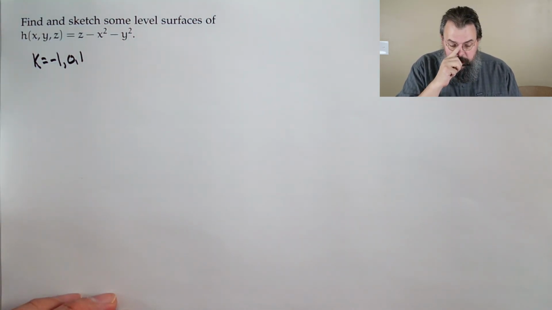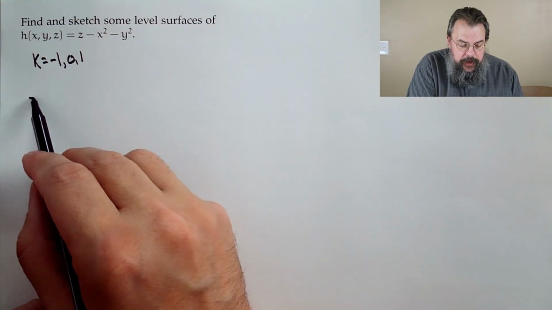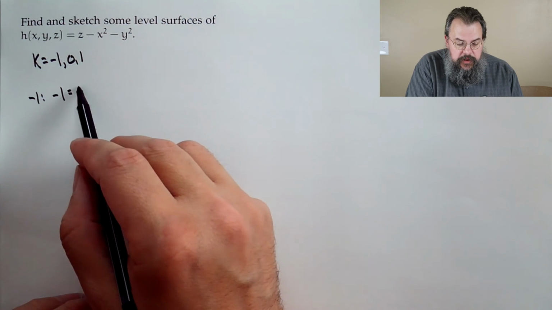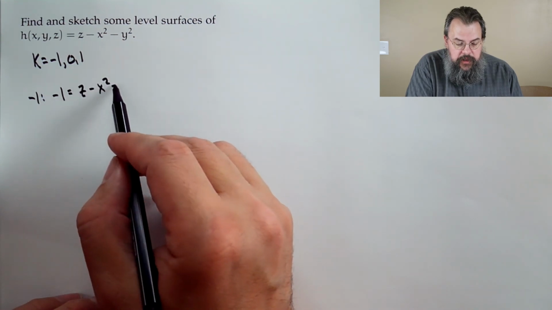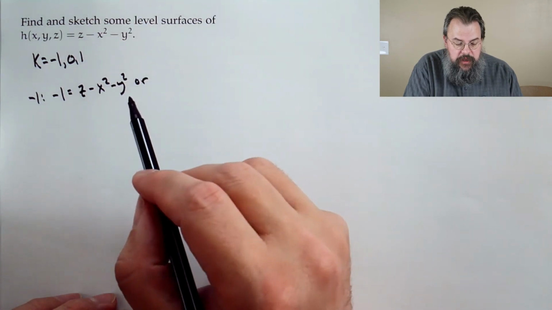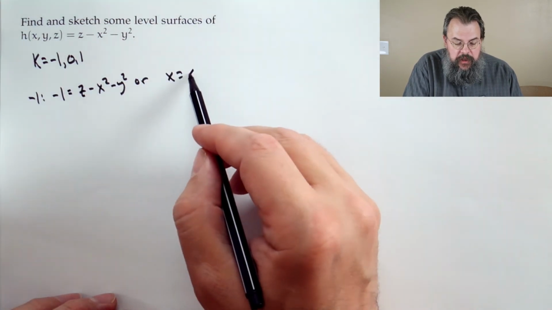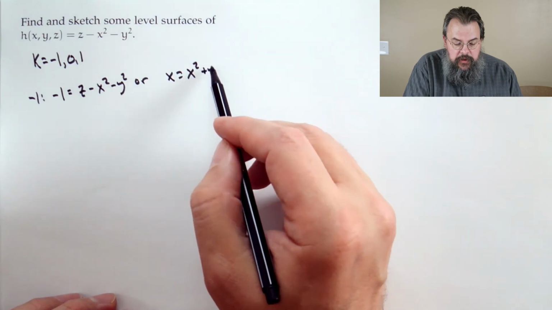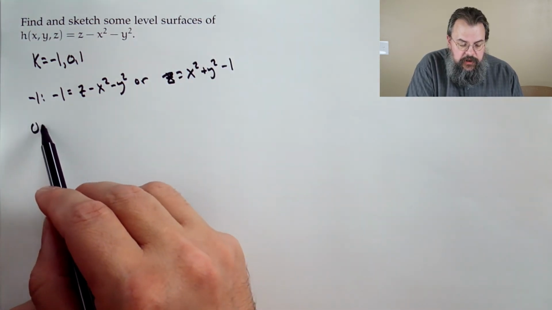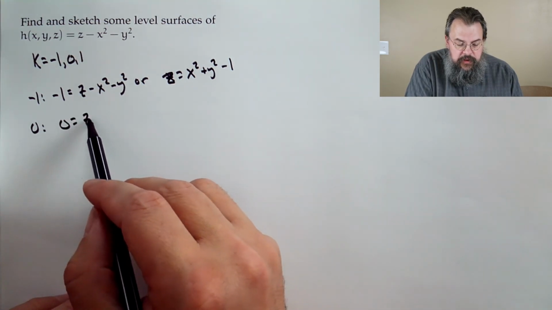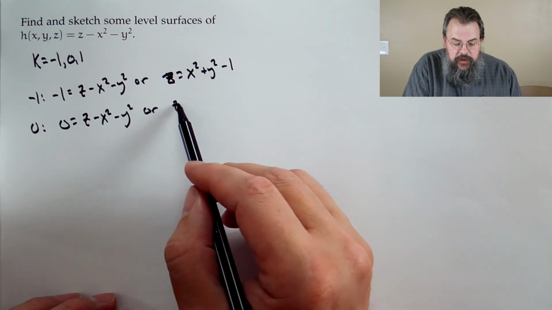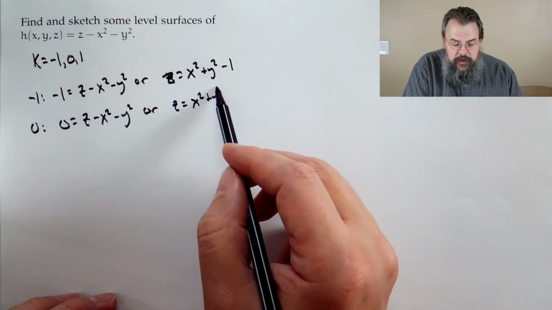All right, so what would happen? So for -1, we'd have -1 equal to z minus x squared minus y squared, or what does that become? That says z equals x squared plus y squared minus 1. For 0, we get 0 equals z minus x squared minus y squared, or z equals x squared plus y squared.